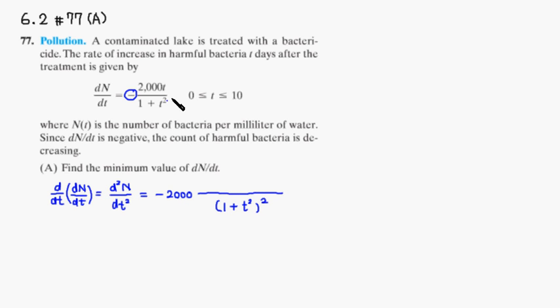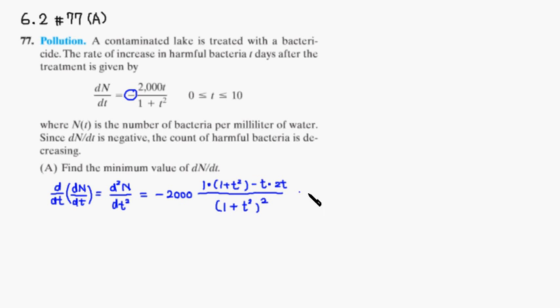Then the derivative of the top, t, is 1, times the bottom quantity 1 plus t squared, minus the top, t, multiplied by the derivative of the bottom, which is just 2t.